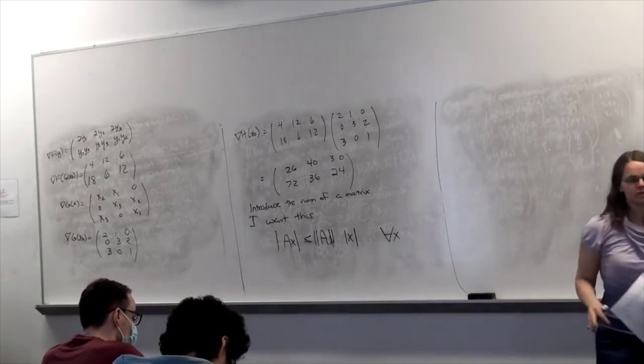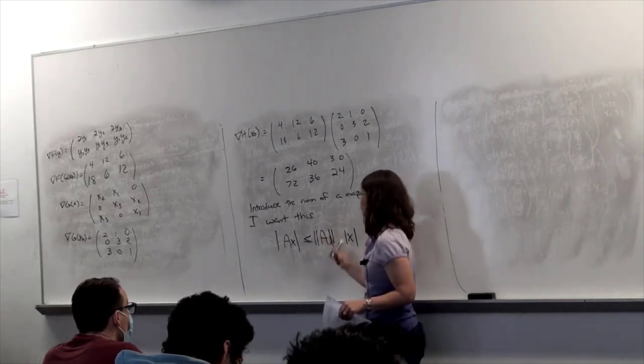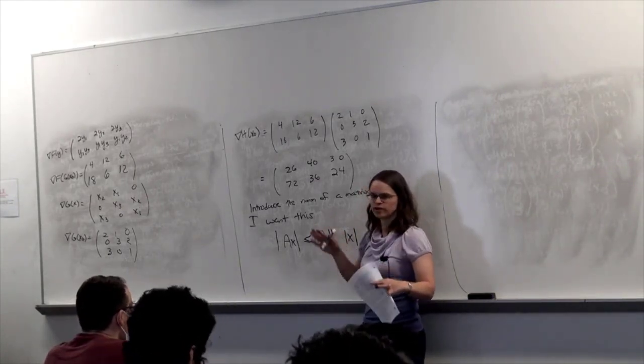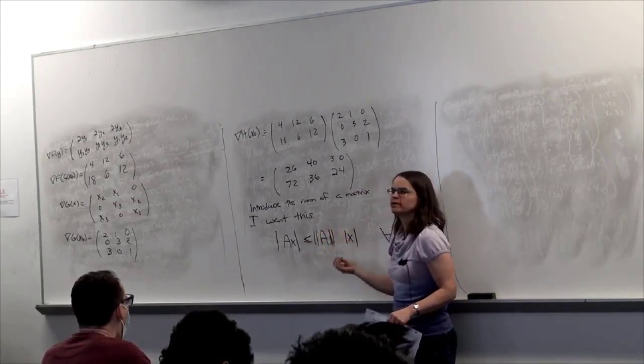So what I'm going to do is simply define the norm of the matrix A to be the smallest. So this is a real number, right? We took our matrix and turned it into a real number somehow. I'm just going to define this to be the smallest real number that makes this true.